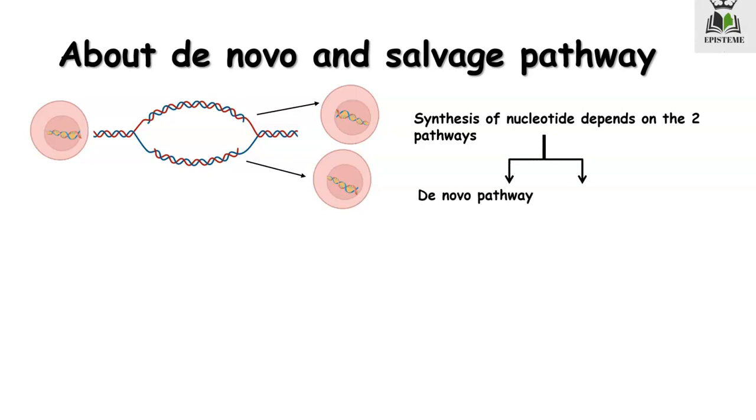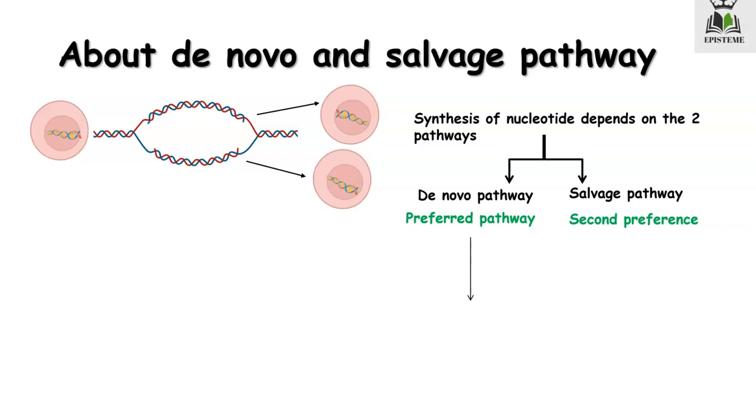One is the de novo pathway, another one is the salvage pathway. The de novo pathway is the most preferred path for any cell, and in case the de novo pathway is not working, the next preferred pathway is the salvage pathway.